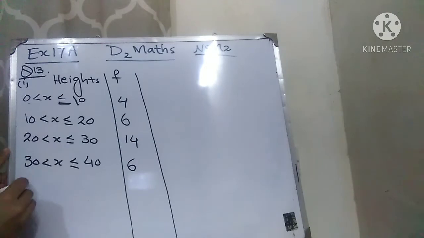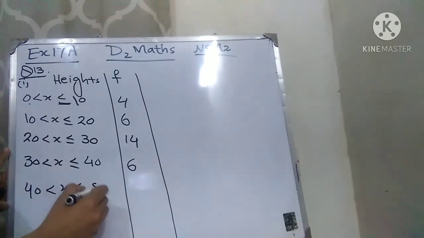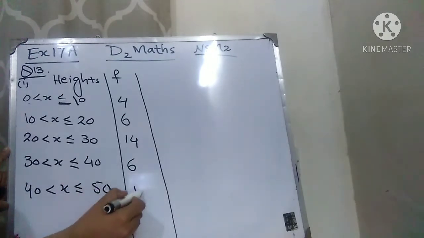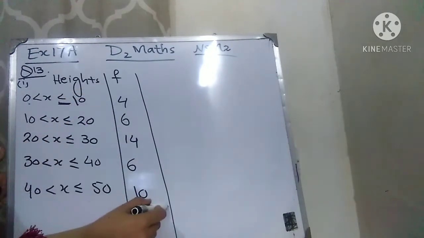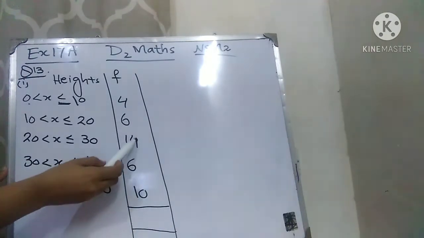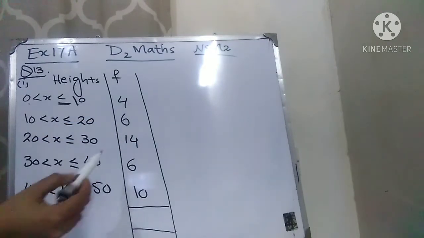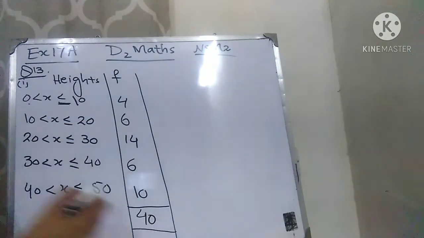In the same way, 40 less than x less than equal to 50, and the plants are 10. So these are the plants. The total number of plants: 10, 16, 16 and 4 is 20, 30, 36, 37, 38, 39, 40. So the total plants are 40.